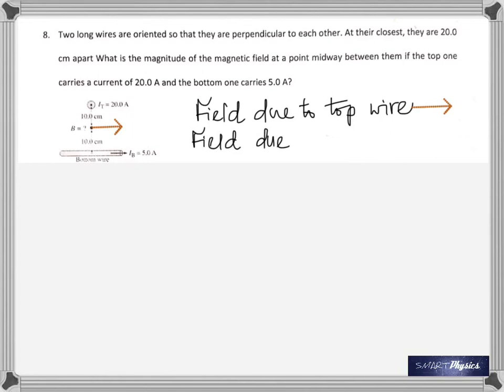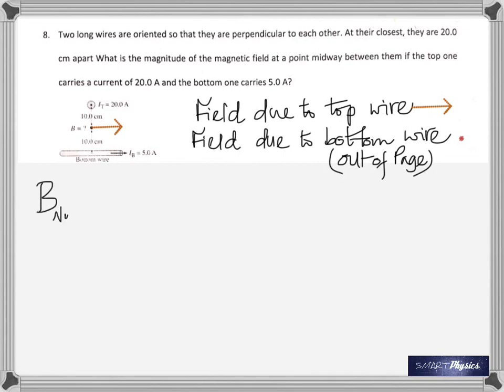Your closed fingers will certainly be giving you that direction below the conductor. And then the field due to the bottom wire at that point is out of the plane of the page, so it'll be directly coming at you.